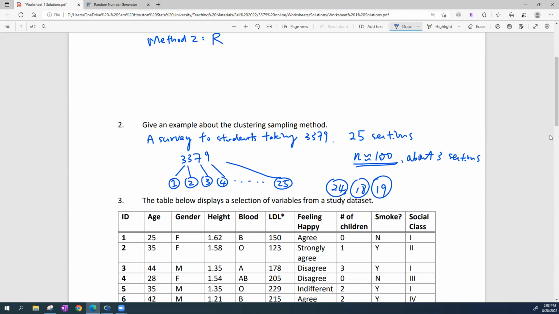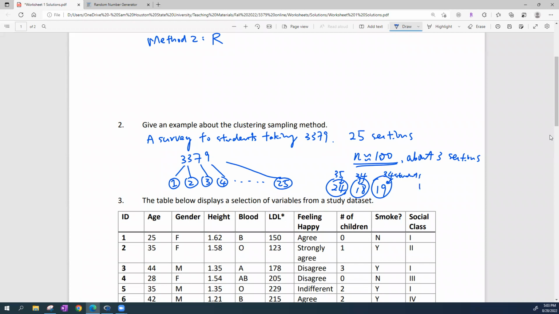Let's say we have 35 students in section 24, 34 students in section 18, and 34 students in section 19.